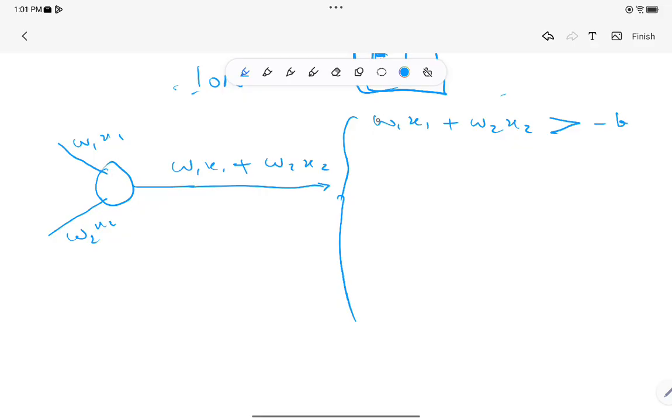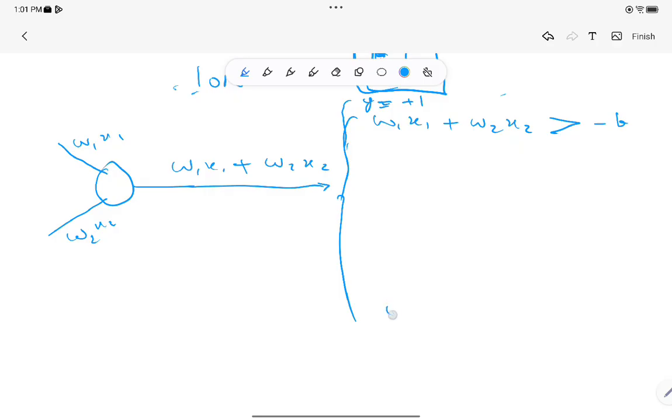When the neuron switches on, we say y is equal to plus 1. Plus 1 here does not mean some number plus 1. Plus 1 here means the neuron is switched on.